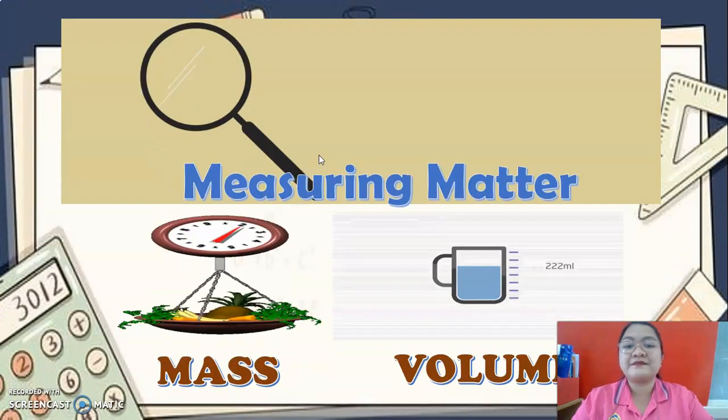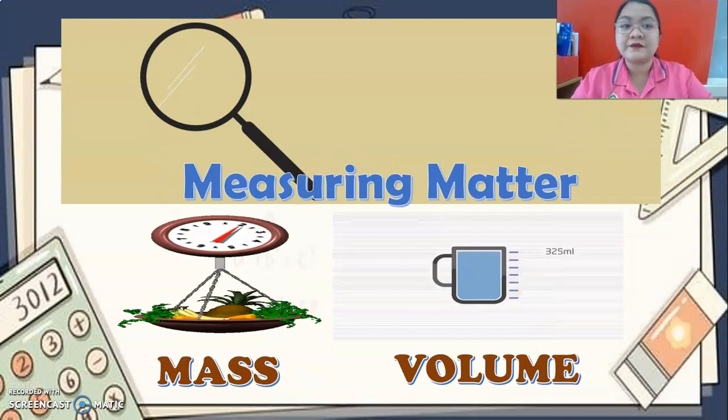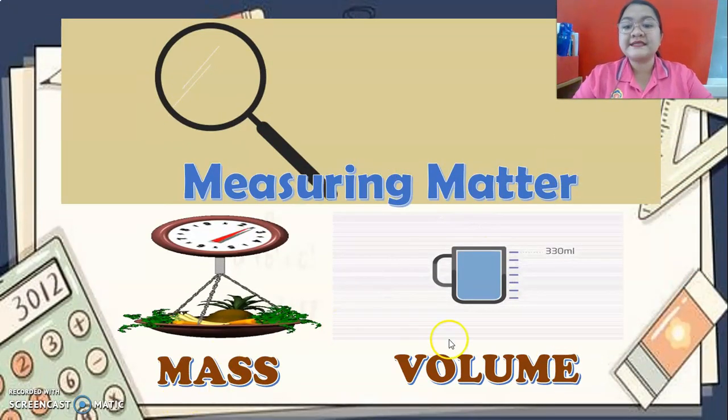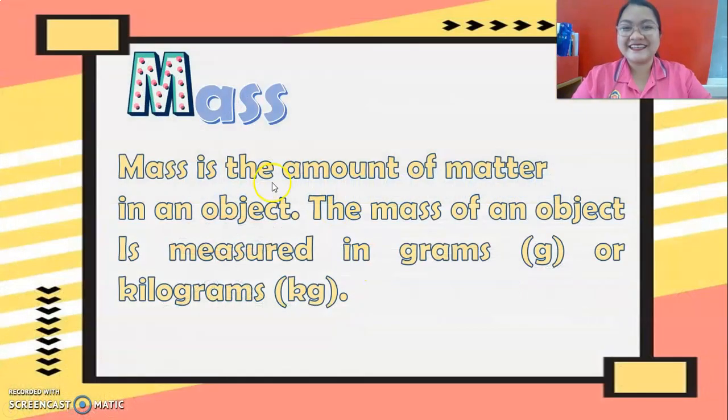Next, we have measuring our matter. We have mass and volume. Again, when we say mass, this is the amount of matter in an object. We use grams or kilograms to measure mass.